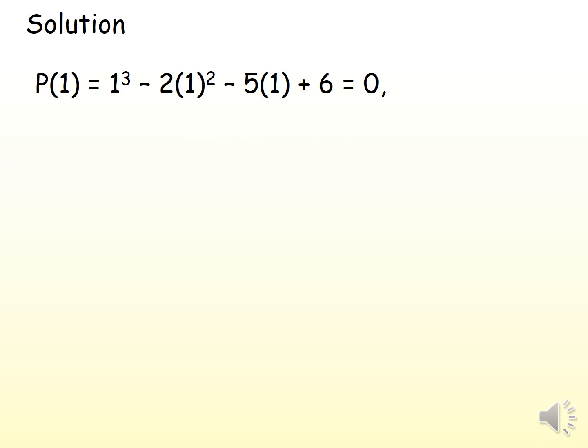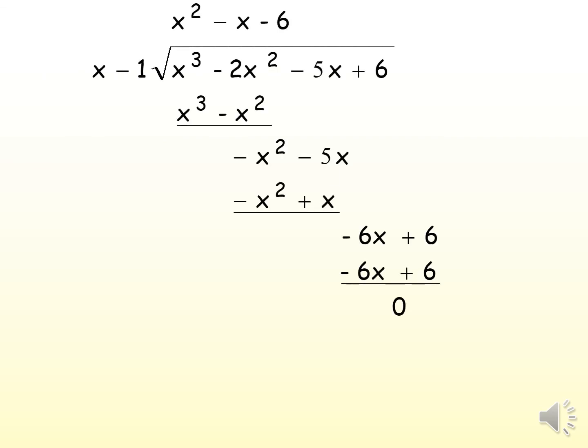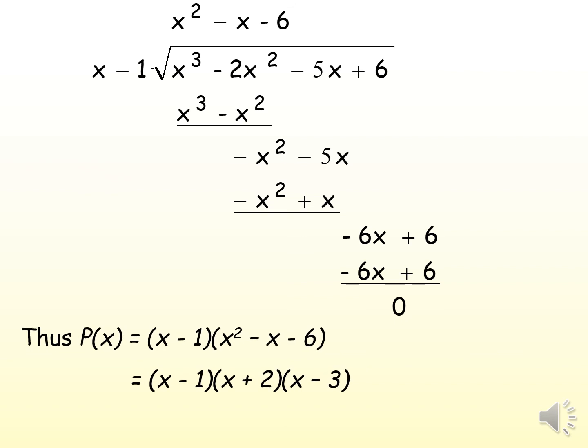For example, when you substitute x equals 1 into this polynomial and the answer equals 0, that means x equals 1 is a zero of P(x). To get the other two factors, you have to do long division. From long division, you can get the other two factors.